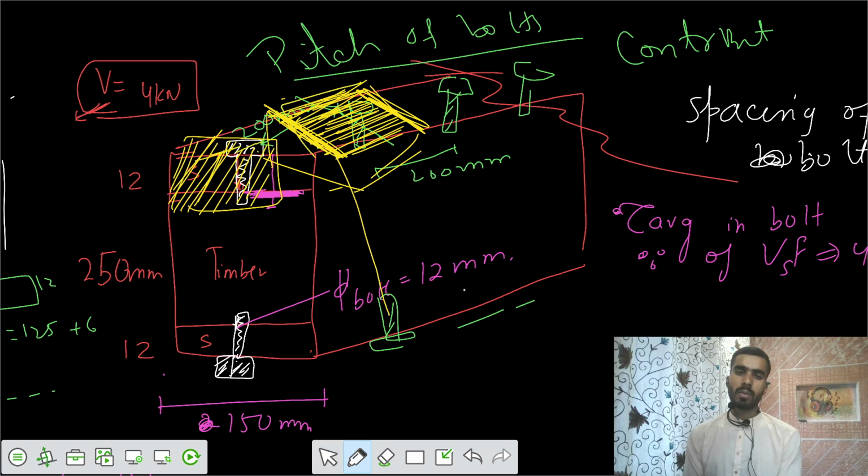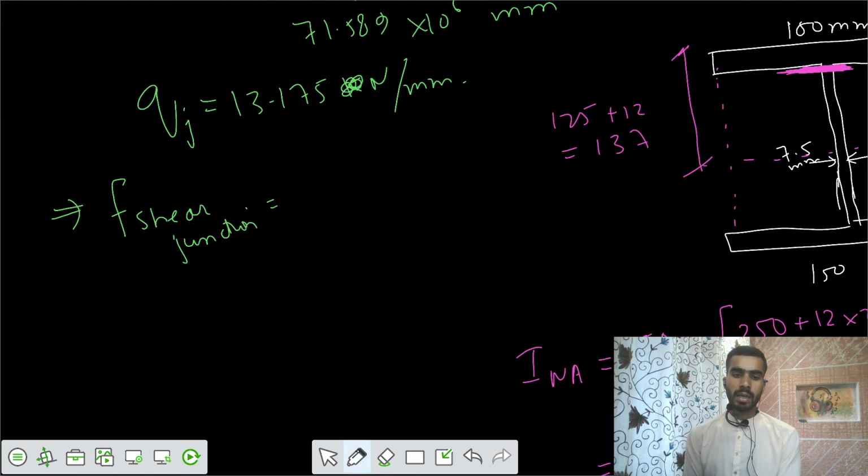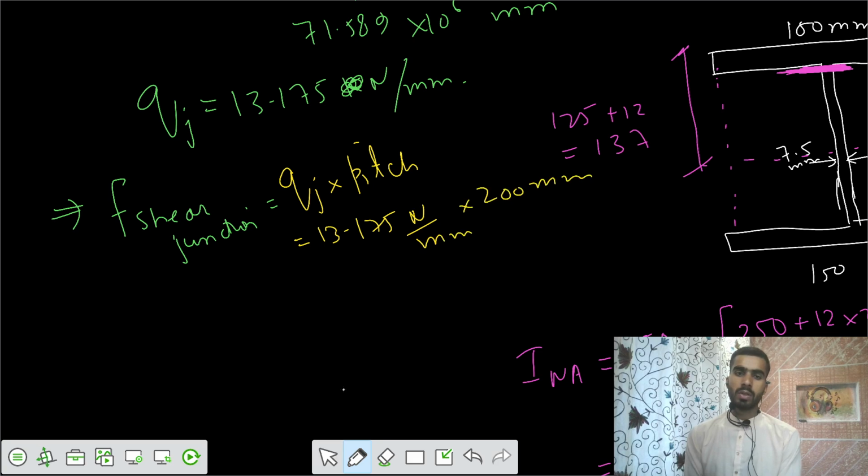For the mid sections, the pitch would be 200, and it will contribute 200, 100 from one side and 100 from the other side. So if you multiply q at the junction by the pitch, or spacing of the bolts, that's 13.175 Newton per millimeter into 200 millimeter, you get the shear force at that junction, equal to 2635 Newton.